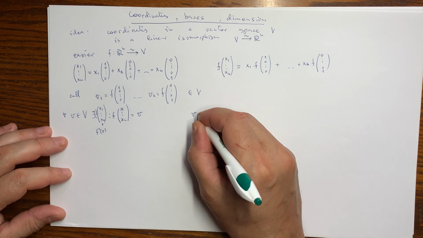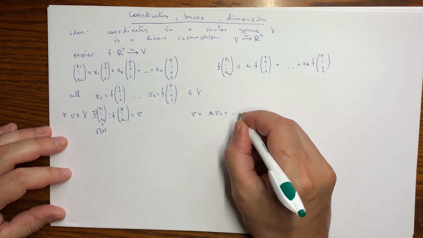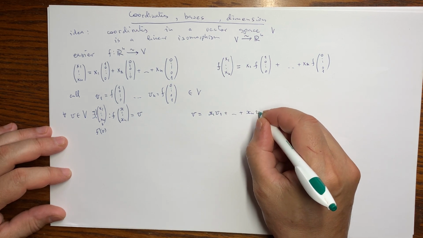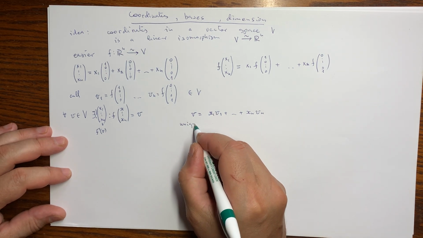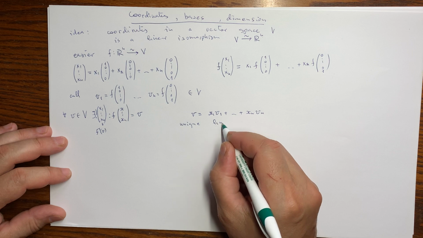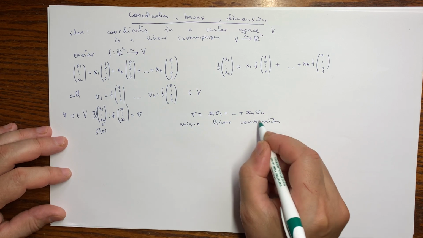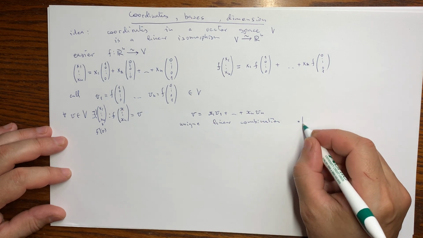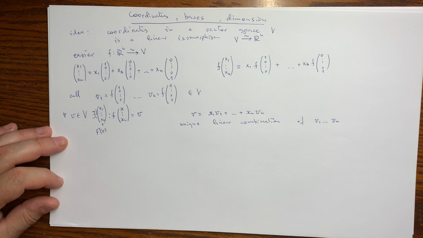So V becomes a linear combination in a unique way of our special vectors. Such systems of vectors are called bases.